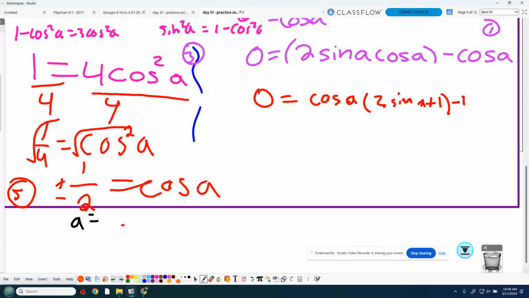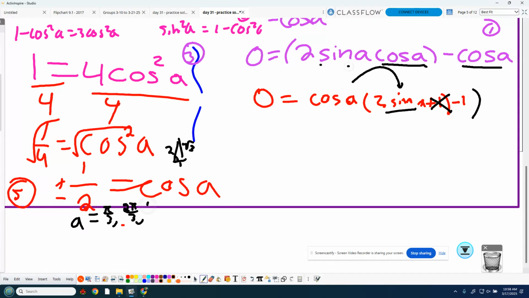On the right here, taking cosine out of both of those, it's 2 sine A cosine A with the cosine taken off. So 2 sine A, I agree. Minus cosine divided by cosine, so this should just be a -1. It's not a +1 in the parentheses and a -1 on the outside. If we want to check, distribute up. Cosine times 2 sine is 2 sine cosine. Cosine times the -1 is just the negative cosine, and we're done.